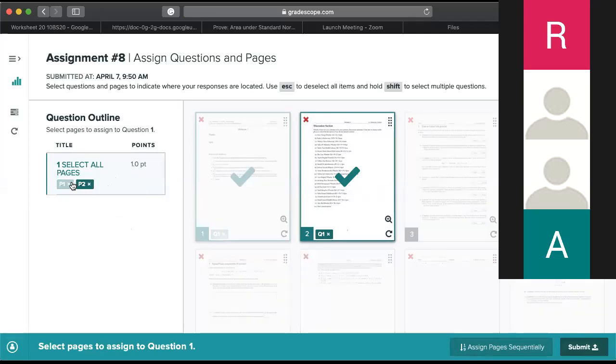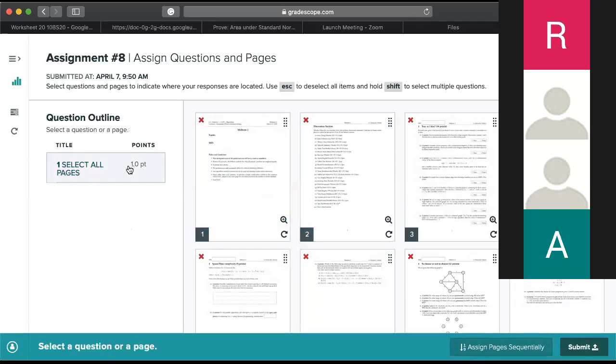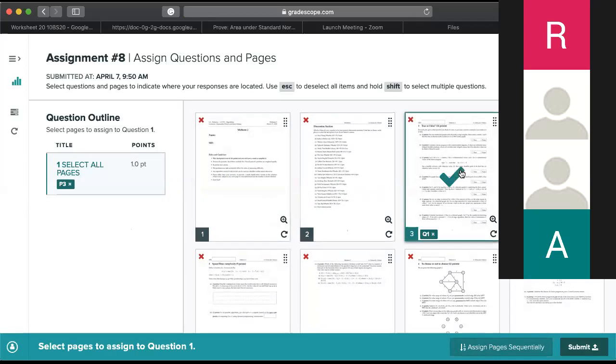And say if you have problem 1 and you want to assign problem 1 to the 3rd page, you just assign problem 1 to the 3rd page. There will be a lot of tabs here for my quiz submission, but just do that to assign questions to pages.